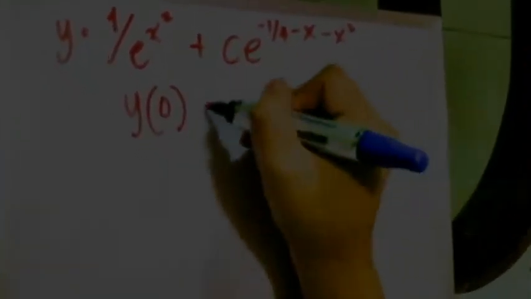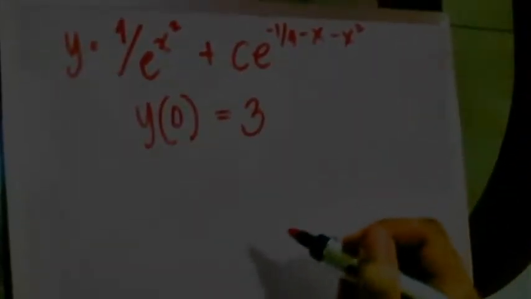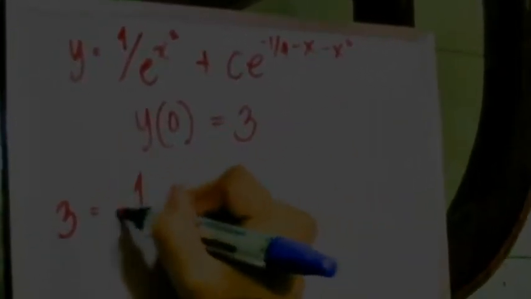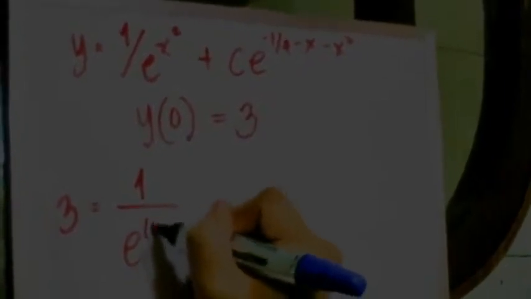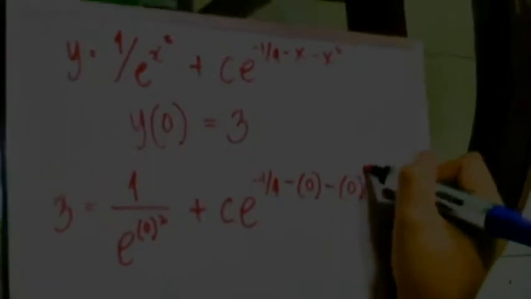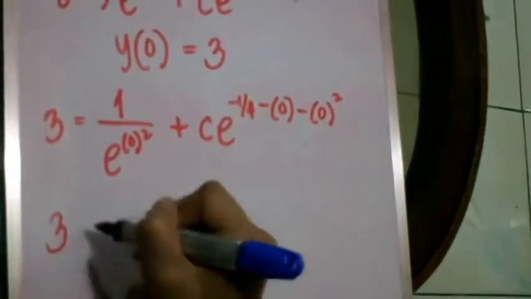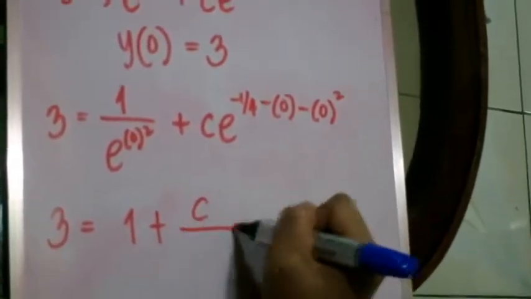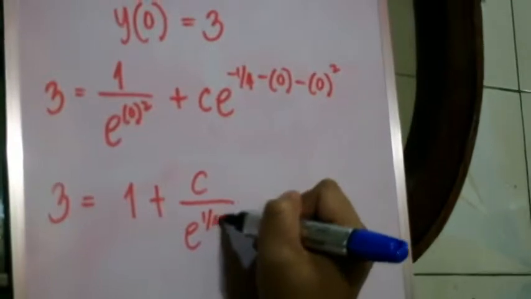Now, given the condition y of 0 equals 3, we can substitute these values to the previous equation. We have 3 equals 1 over e raised to 0 squared plus c times e raised to negative 1/4 minus 0 minus 0 squared. 3 equals 1 plus c over e raised to 1/4.